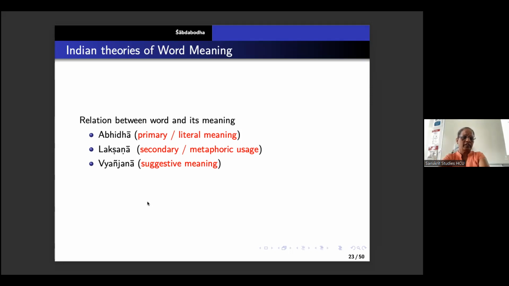Now the question is, when we are dealing with computers, when we are doing analysis mechanically, is it possible to deal with all these 3 meanings, or will there be any limitations? Can a machine handle all the 3 meanings or not? This is the question. And here again, the Mimamsakas have helped us.